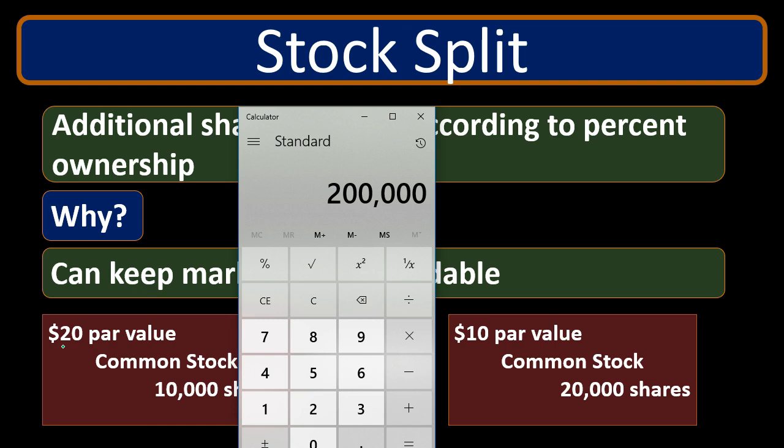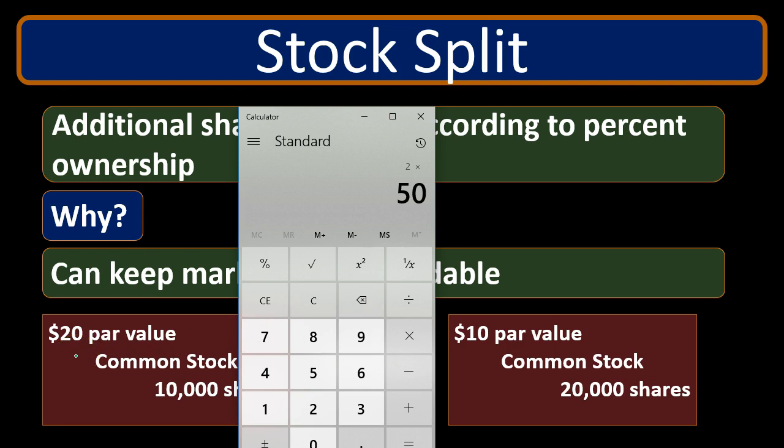But you would think that if the market price was $100, the market would see that a stock split has been declared, and because the retained earnings has not changed, in other words, the value of the company hasn't changed, you would expect that once the stock split is announced, the market price would be divided in half. So you would think that we would have a $50 market price after that point in time. Again, we can't necessarily say that because we don't control the market price. What we control is our par value price.